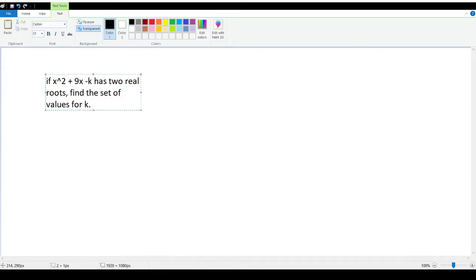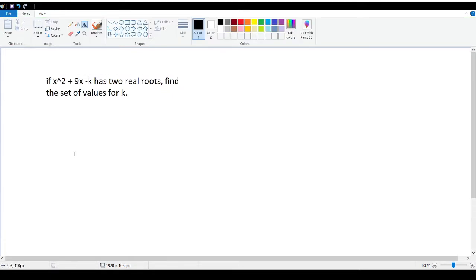Okay, here we go. So again, let's do it again. What is a? a is equal to 1. What is b? b equals 9. And what is c? c is equal to negative k. So once again, we're going to put it into the quadratic discriminant.